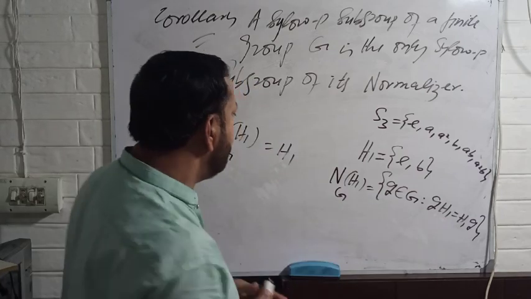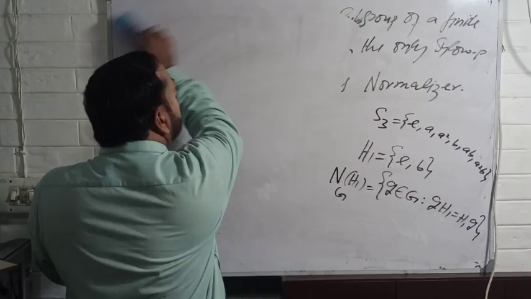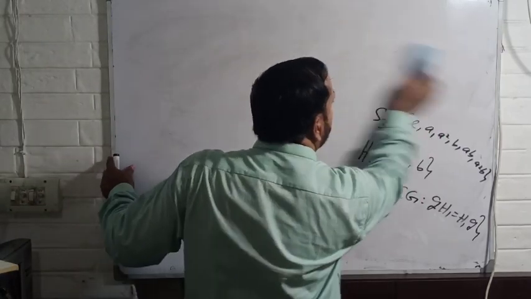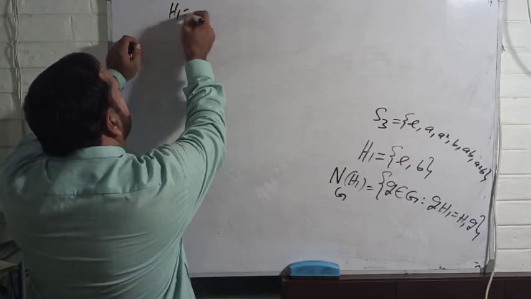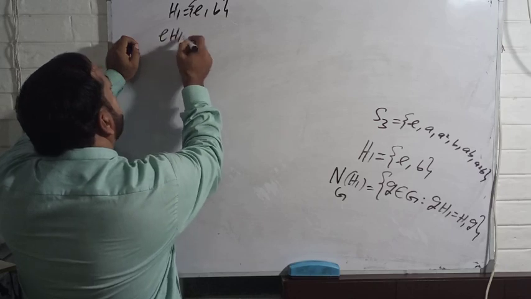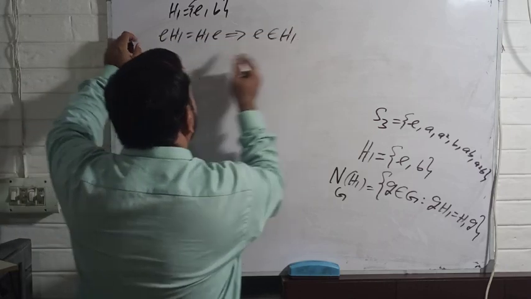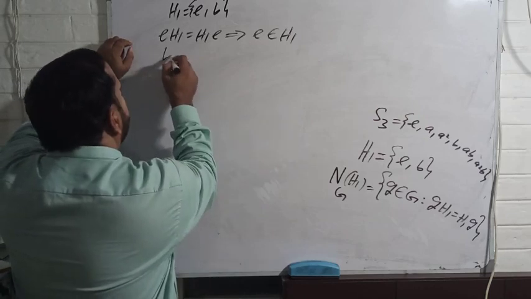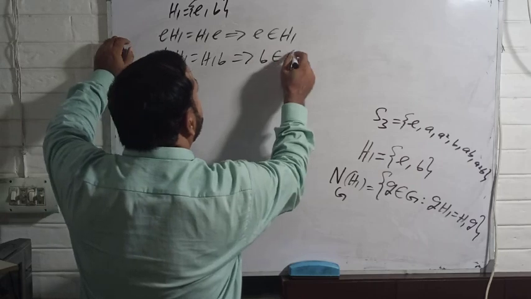So we want to see, can you find this normalizer? So let's say H1 is equal to {E, B}. So here EH1 is equal to H1E. So this implies E belongs to H1. Now, similarly BH1 is equal to H1B. This implies B belongs to H1.